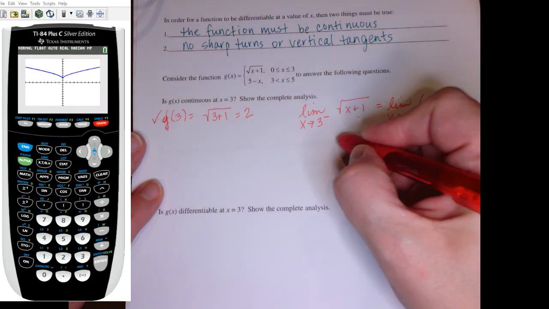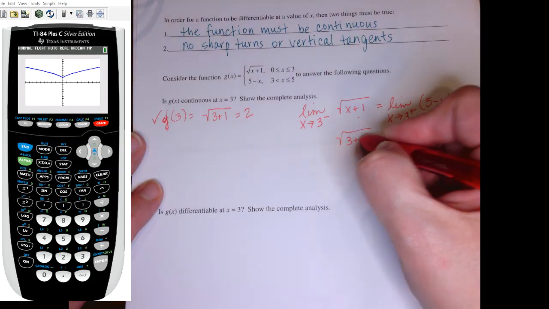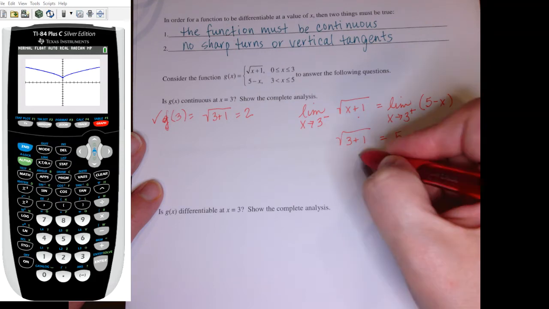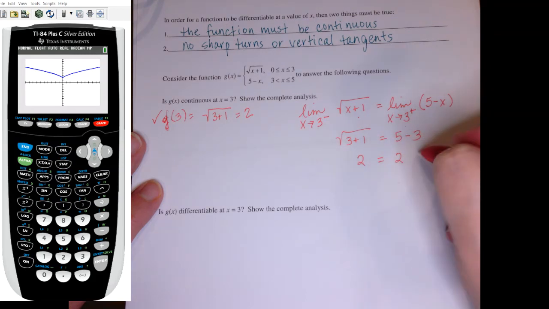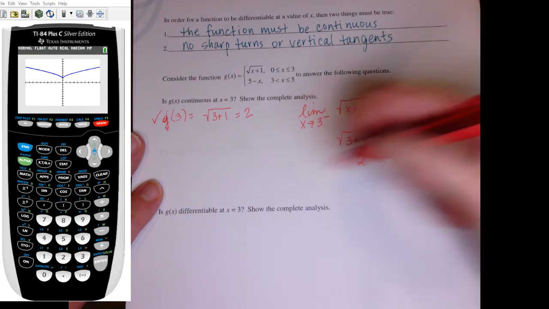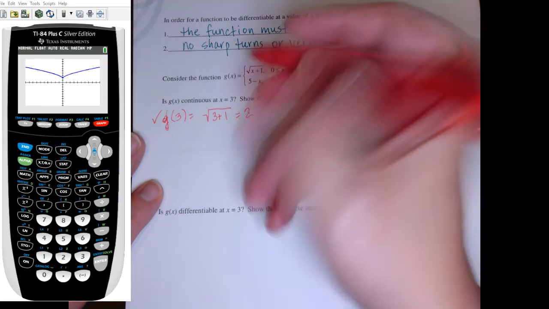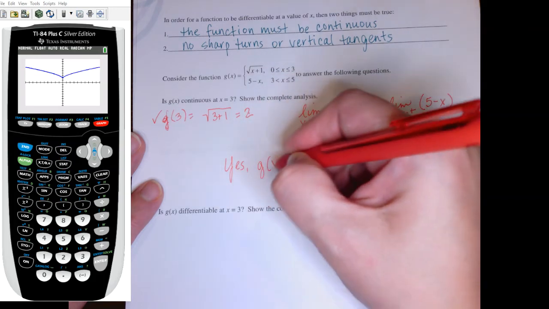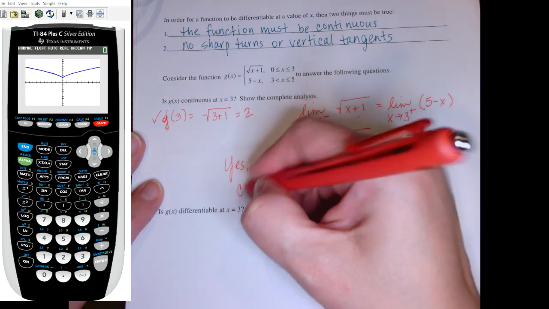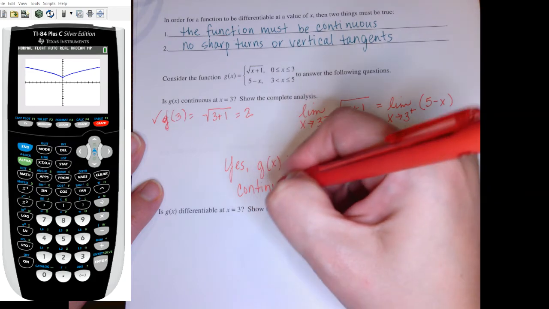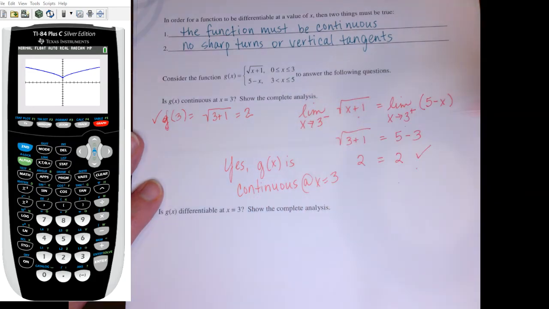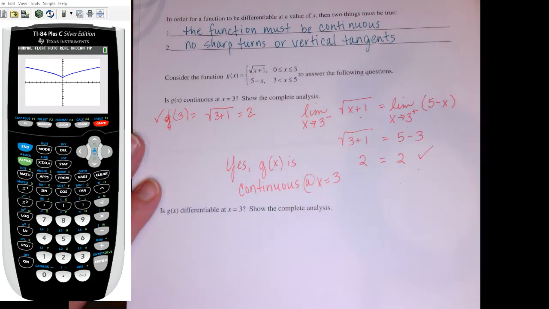Let's see if these are equal to each other when we substitute in 3. And they are. When that happens, the limit equals the functional value, then we say yes, g of x is continuous at x equals 3. And we showed our analysis here.